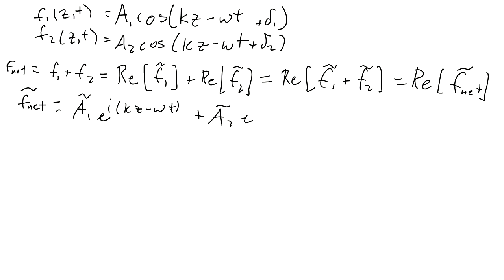Oh, sorry. See what we did right there? Wait a second, didn't I leave something out here? Am I missing something for my f1 and f2? He's got kz minus omega t plus delta 1 and plus delta 2. Where did those deltas go?